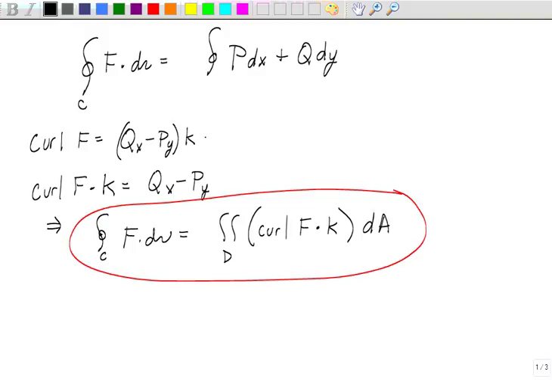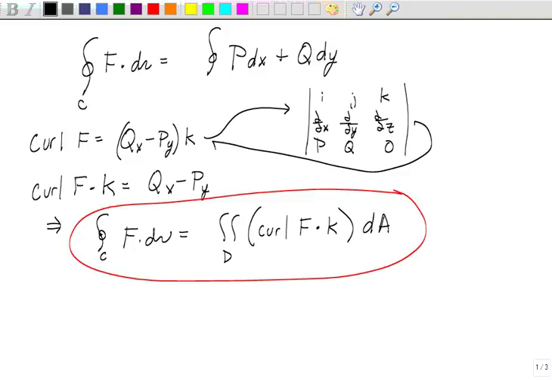The reason this is true is because if you do i, j, k, then you have P, Q, 0, since we have no R. Oh, no, we have the differential operators first. And if you do that, that gives you this.